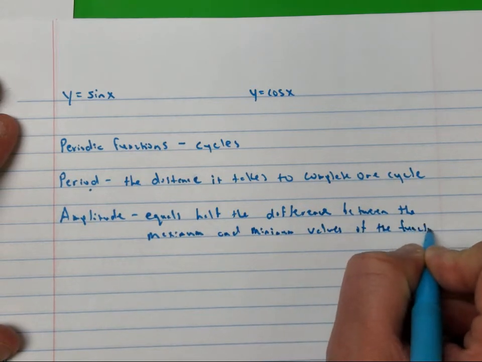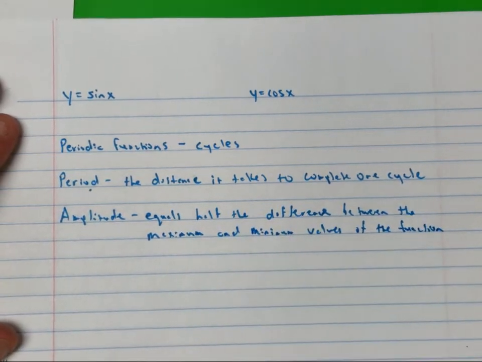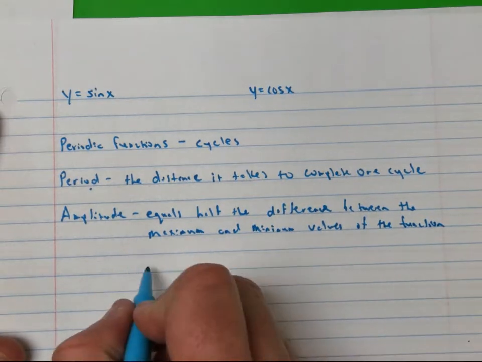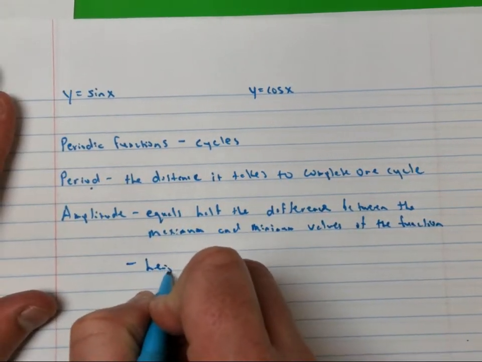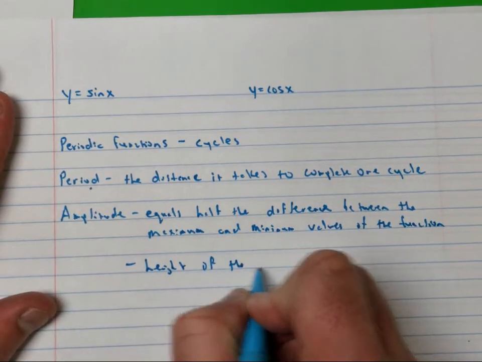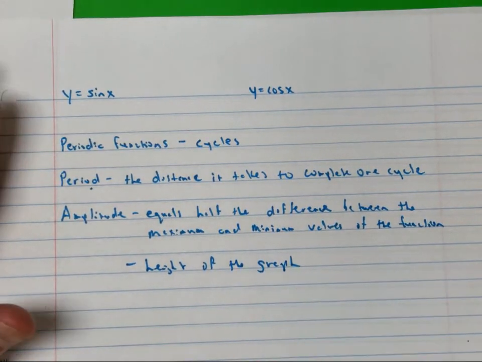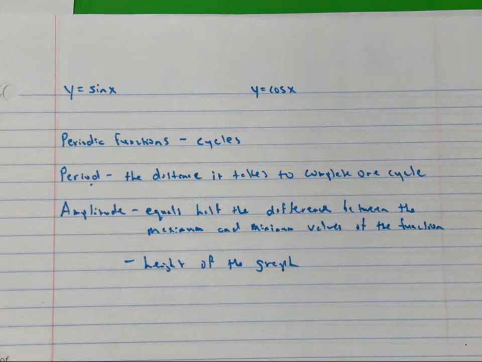Mr. Esther, what does that basically boil down to? Basically, guys, it's just the height of the graph. How high or how low does it go? So I'm going to put down here height of the graph. You take the absolute value of the height of the graph.